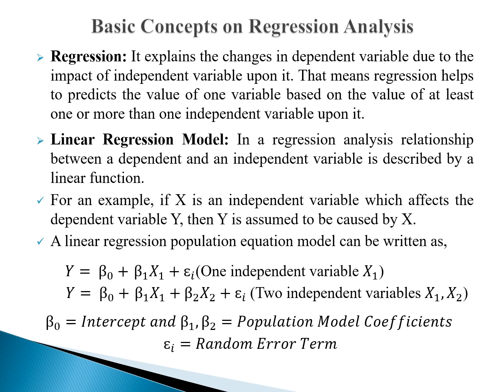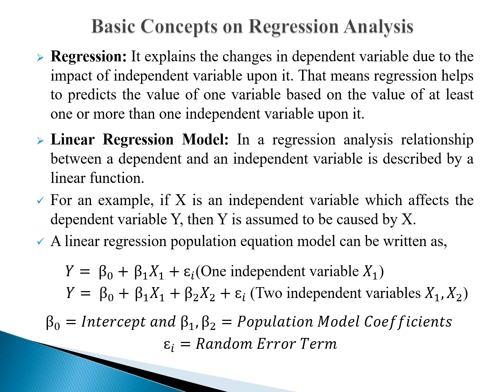The same thing can be represented in terms of two independent variables. So y is equal to beta naught plus beta 1 x1 plus beta 2 x2 plus eta i, where x1 and x2 are the two independent variables.